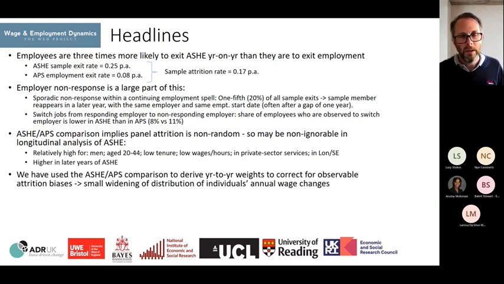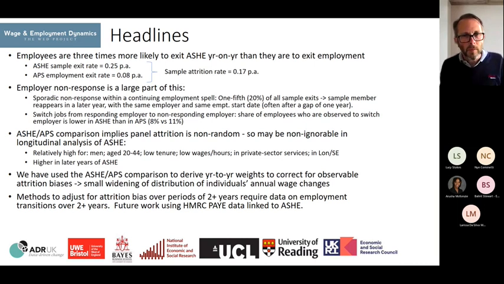So what we've done there is use this comparison of the correlates of exiting the sample in ASHE, comparing that with the correlates of exiting employment in the APS to derive some weights which try to correct for the observable biases. And I'll show you in a moment what happens: you get a small widening of the distribution of individuals' annual wage changes over time.